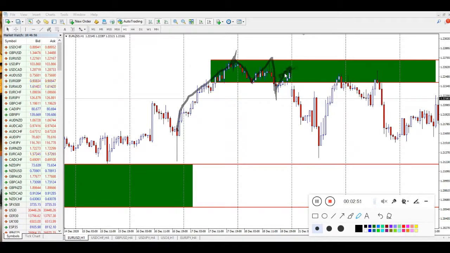At this point in time, this was not a confirmed supply zone. But once price dropped, removing all these minor rally base rally demand zones, we got ourselves a supply zone.